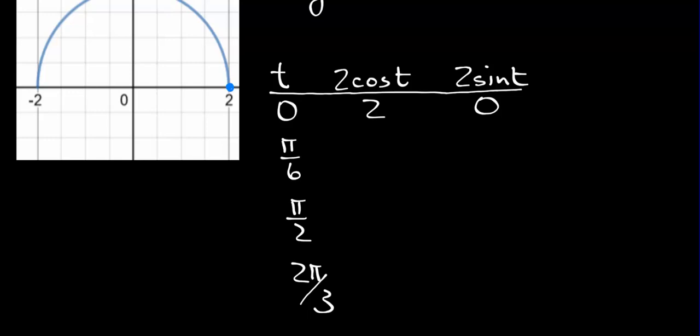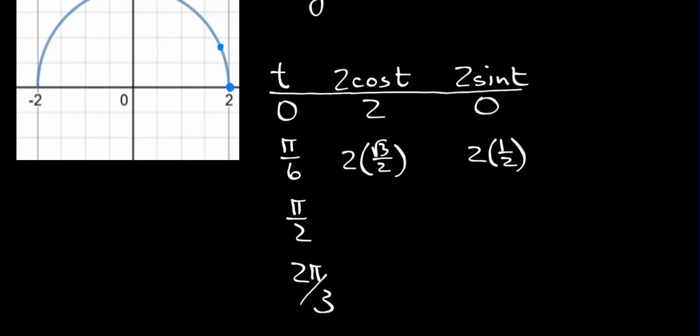Now, if I put in a pi over 6, for the x-coordinate, I get 2 times square root of 3 over 2. And over here, I get 2 times 1/2. Because remember, cosine of pi over 6 is square root of 3 over 2, and the sine of pi over 6 is 1/2. So we get a point, maybe, up here.